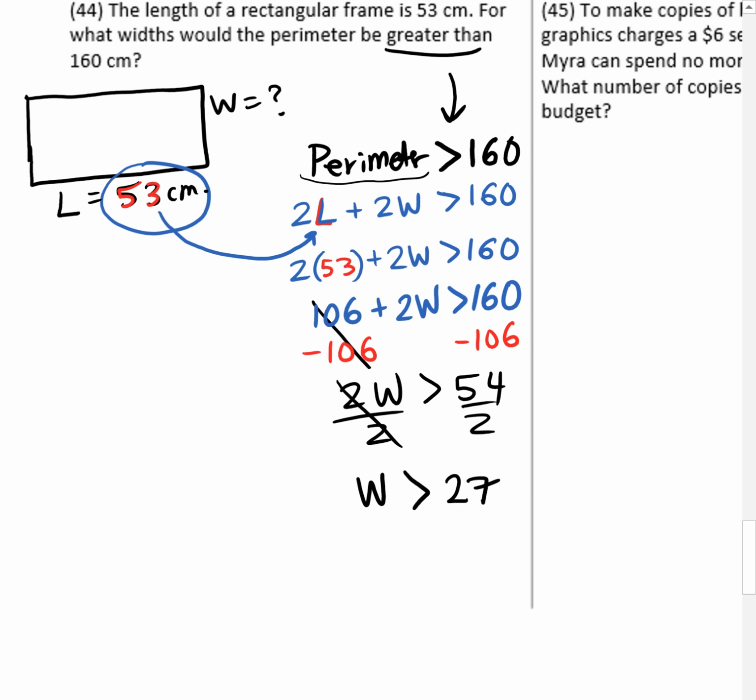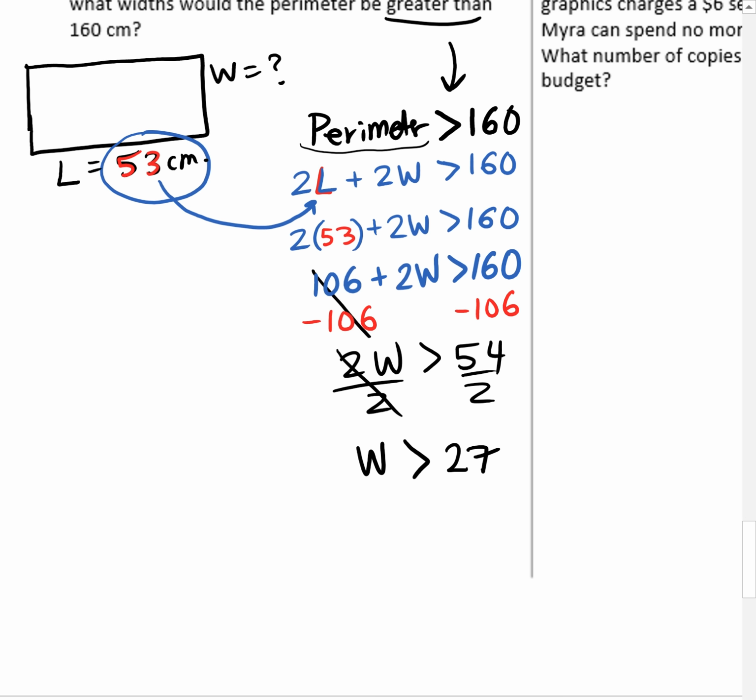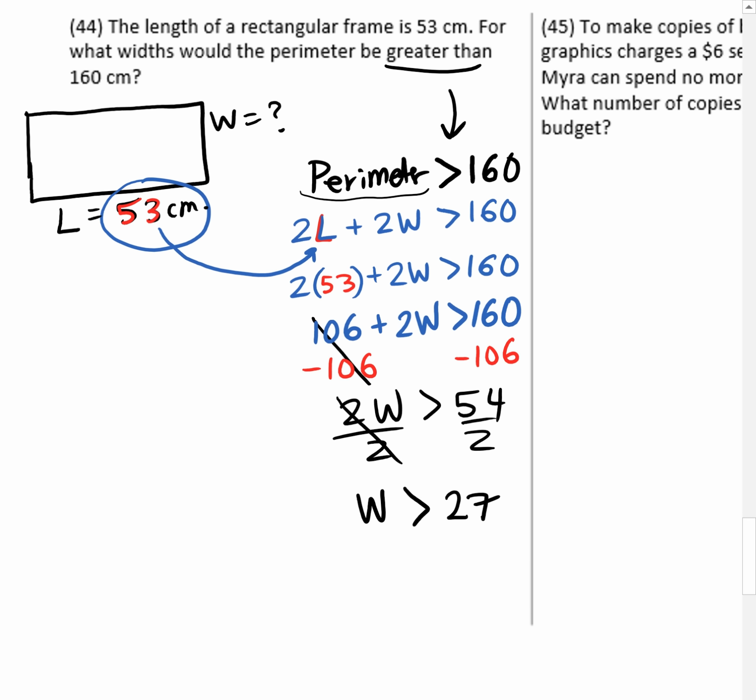And since this is a word problem, they're talking about a real life thing and there's a lot of words in it, I probably should summarize this in a sentence. Because what they ask is, for what widths would the perimeter be greater than 160?